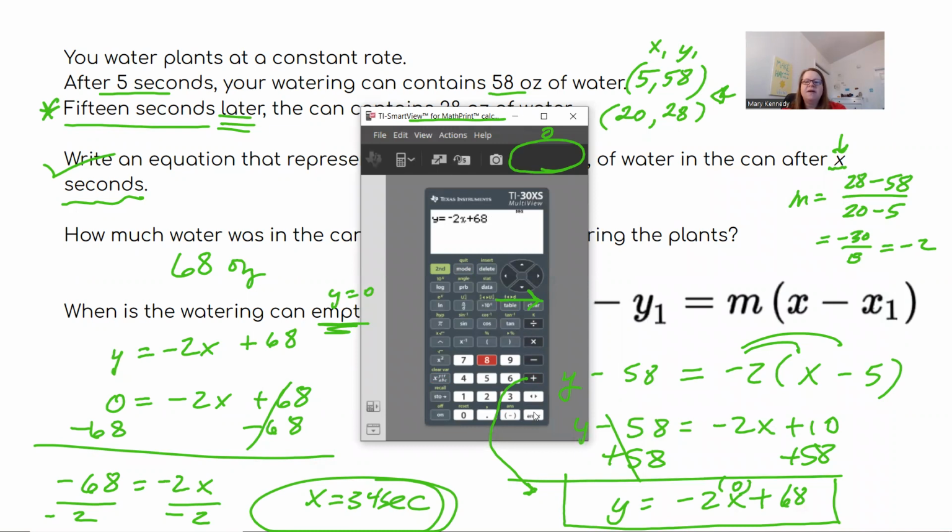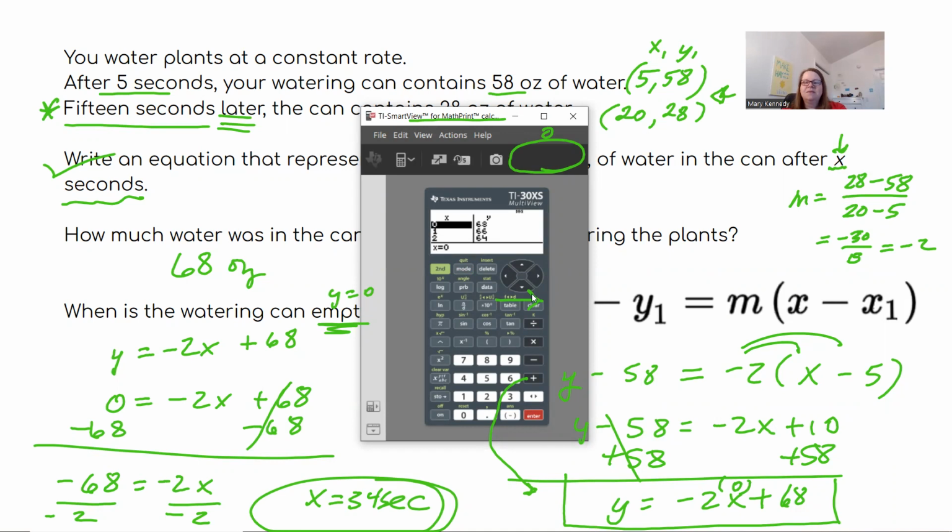I really hate for all that to go away because I want you to see it. All right, so let's type in, we're going to start at 0. And notice at 0, it tells us we have 68 ounces of water in the can, right? So at 0 seconds, how much water was in the can before you started watering the plant, 68 ounces.